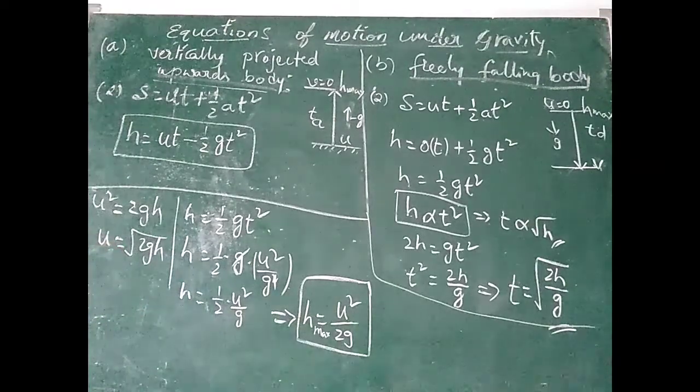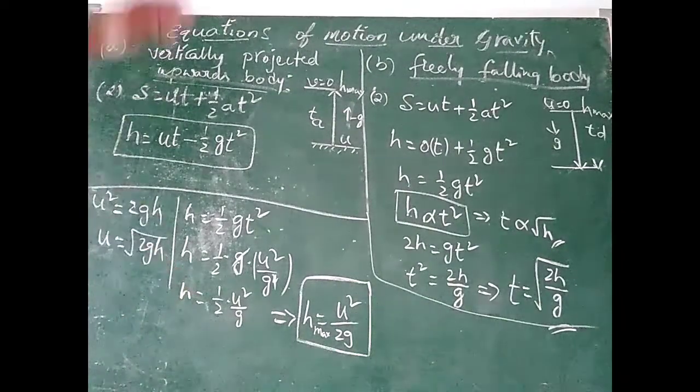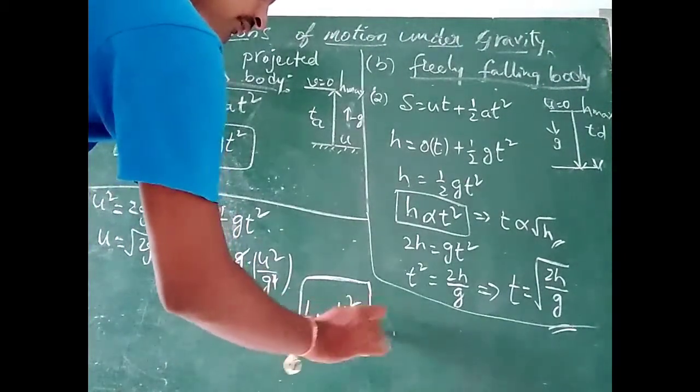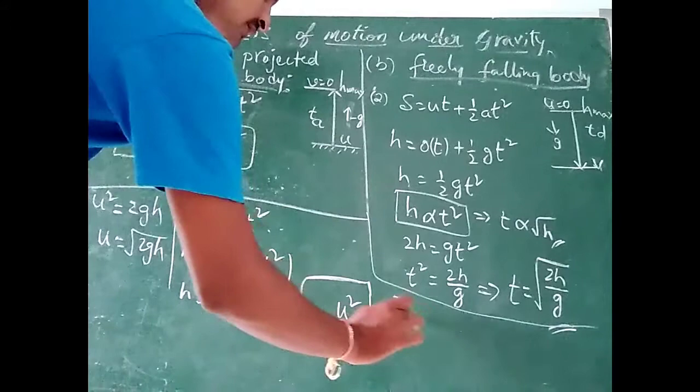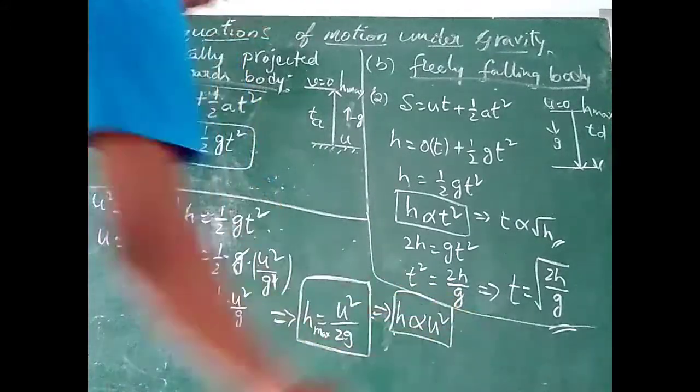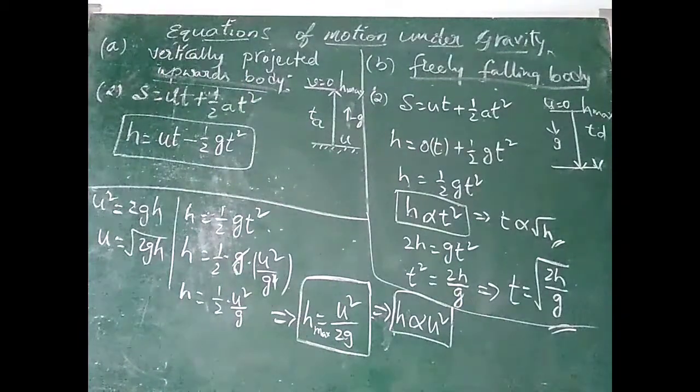H max is equal to u square by 2g, and since g is constant, h is directly proportional to u square. In this way we can write the second equation.